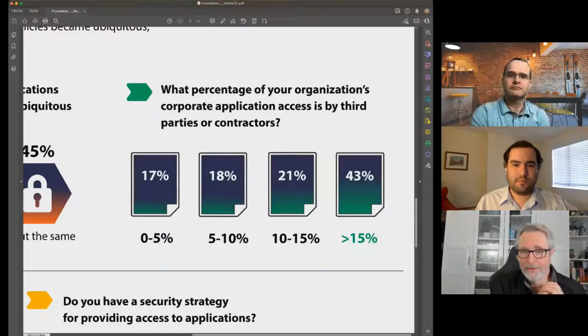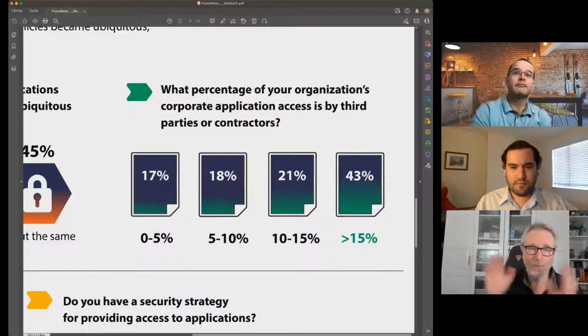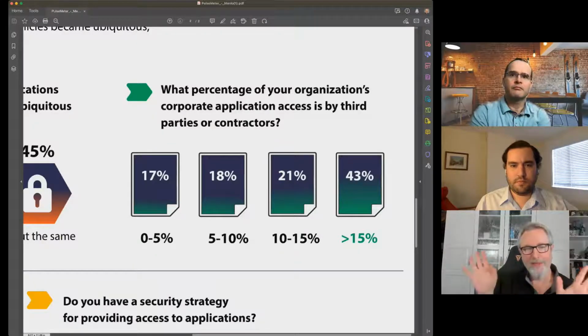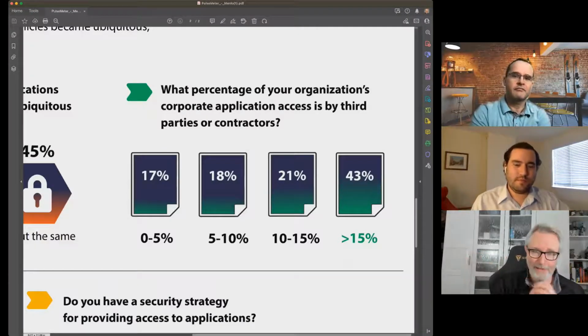Now, corporate apps, as you were talking before, Eric, it could be a Jira, Confluence, or whatever. Could also be your own internally developed app. So there's a wide range of possibilities here. I'm struck by how fairly evenly distributed it is until you get to the 43% that is greater than 15. Here we're into the land of an app for everything, many applications. That brings in that complexity you were talking about, Eric.